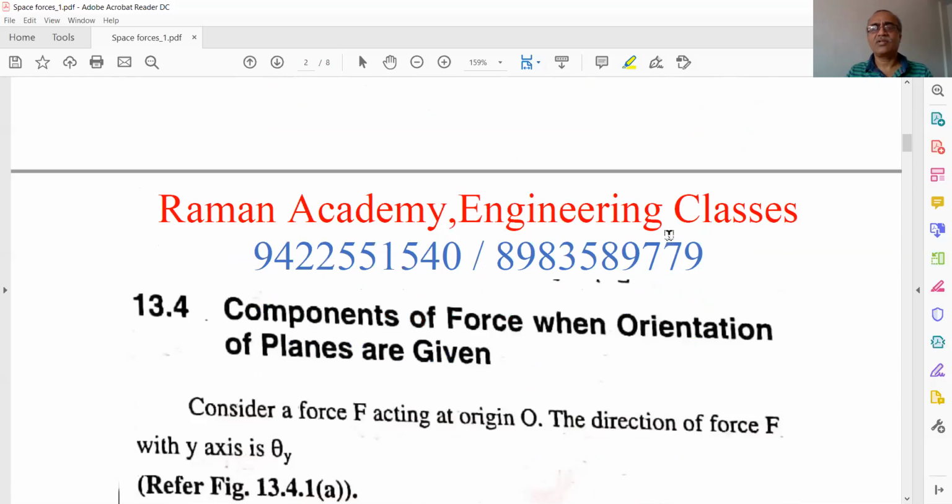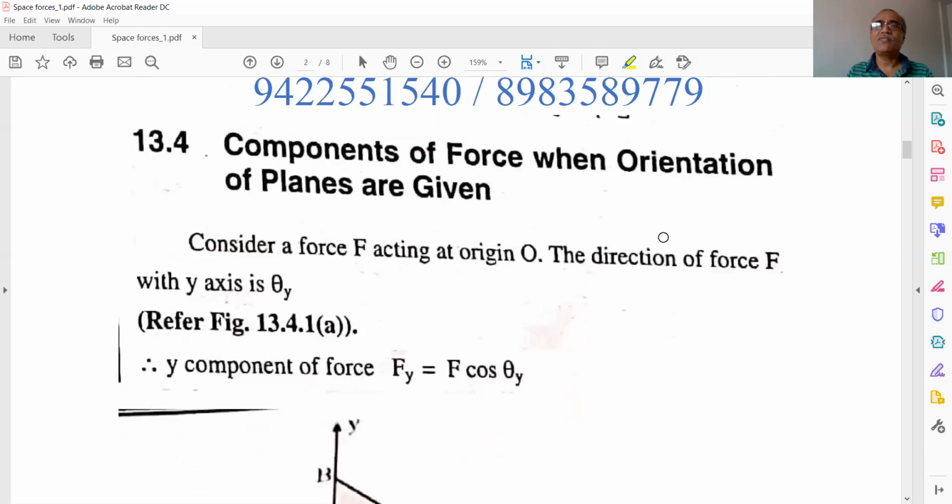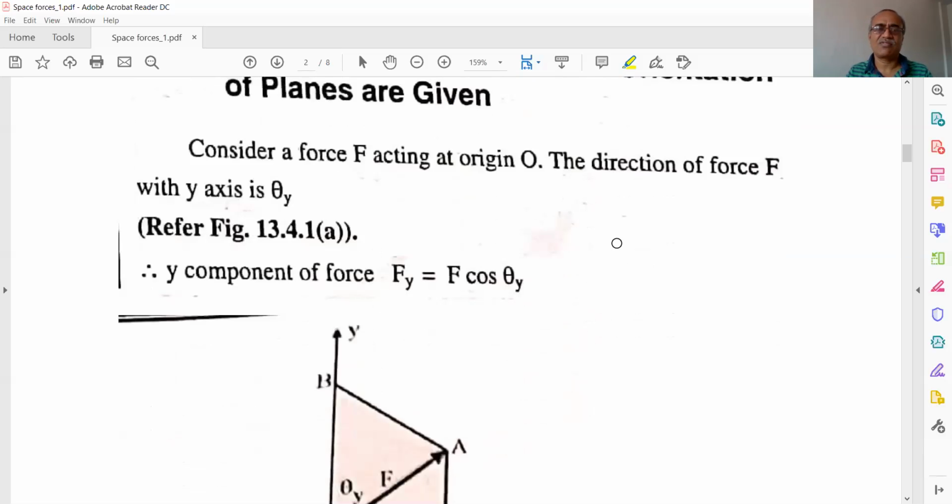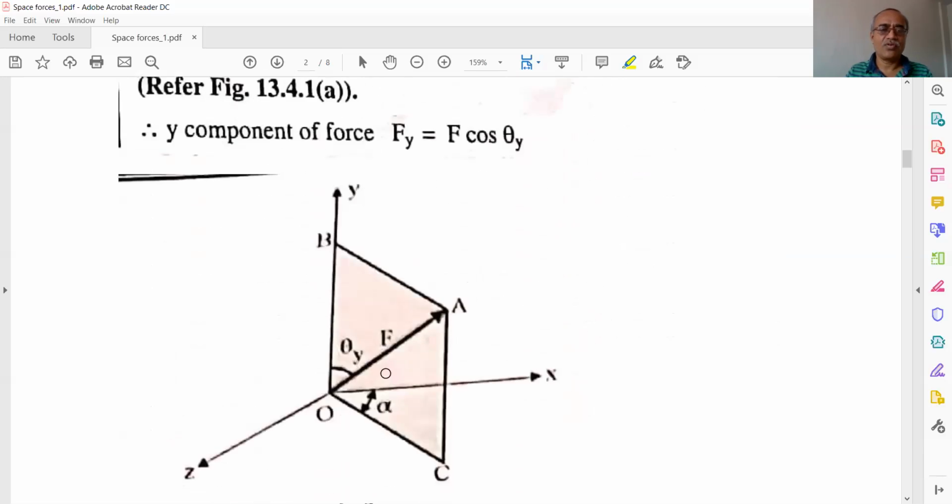Now the next part: what is the use of this concept? We have to find out the components of this force when we have been provided the orientation of the force with respect to the given planes, or with respect to the given axes.